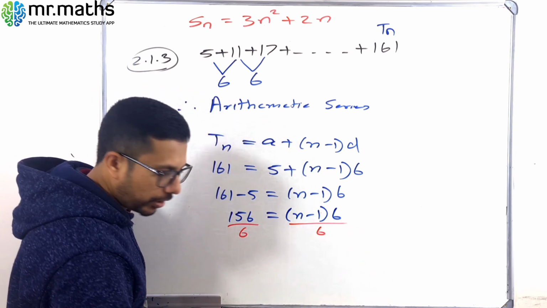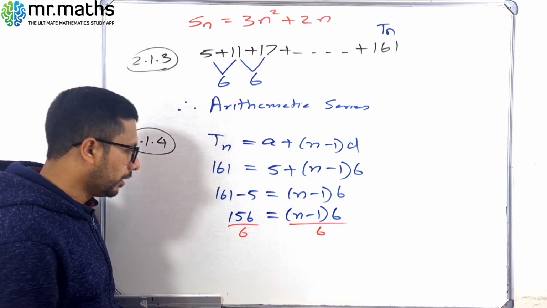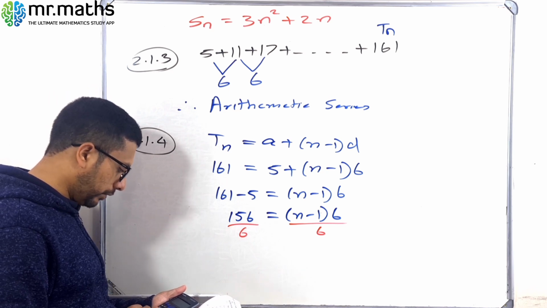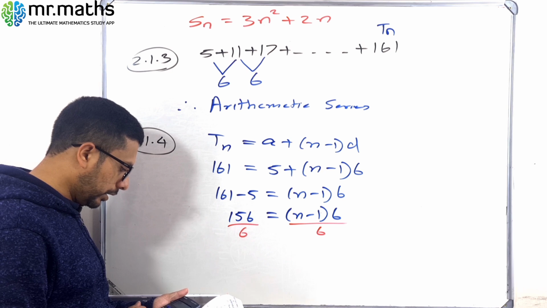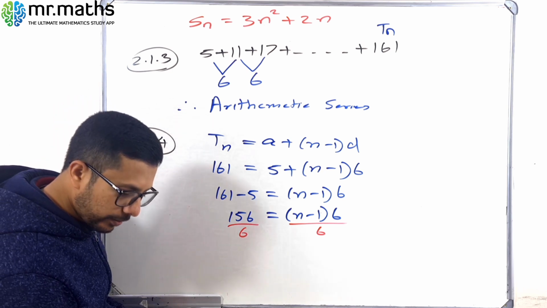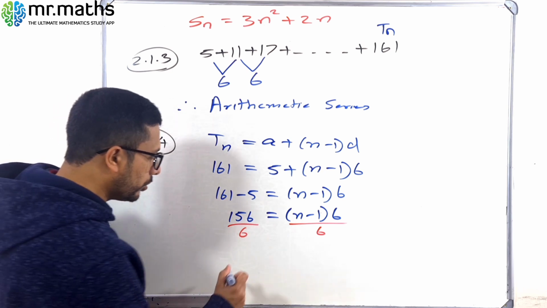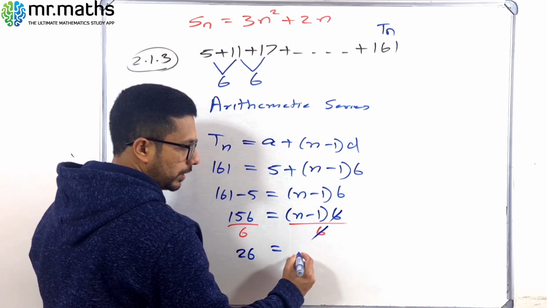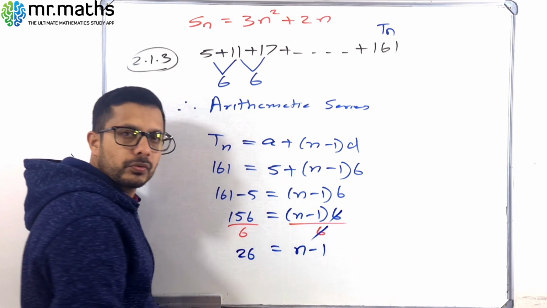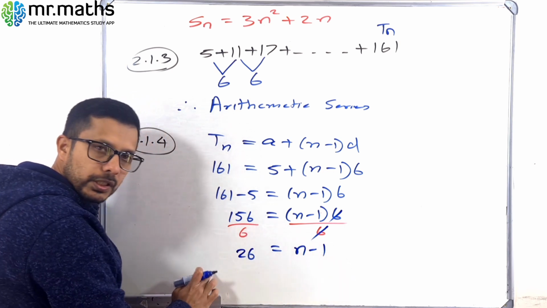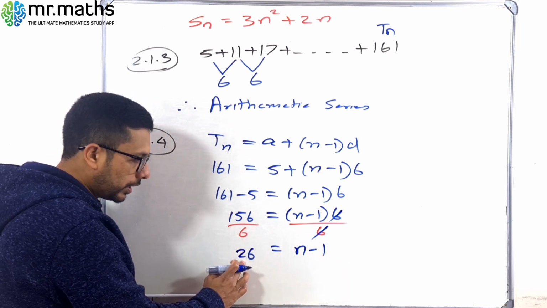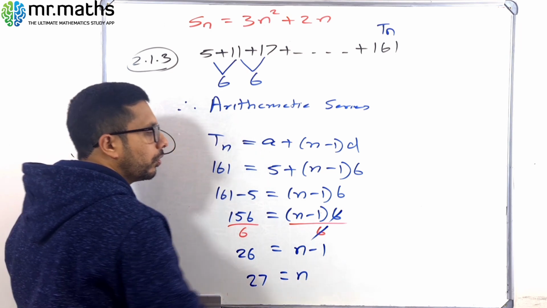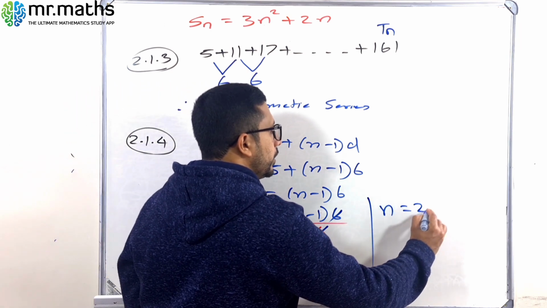So what is 156 divided by 6? 26. So 26 is equal to n minus 1, as this 6 and this 6 cancel. Take this minus 1 to this side, so it is plus 1. So 26 plus 1 is 27, equal to n, or n is equal to 27.